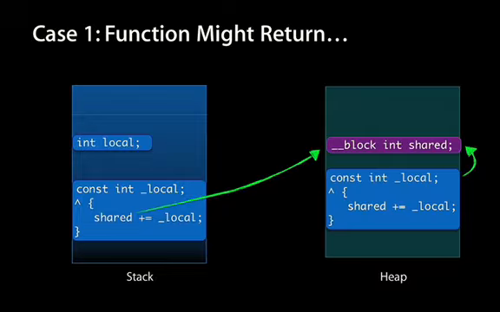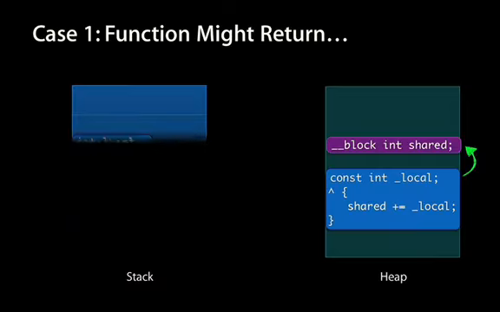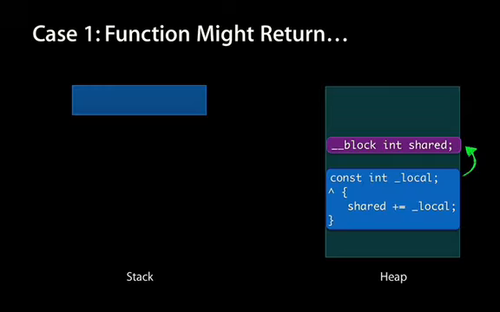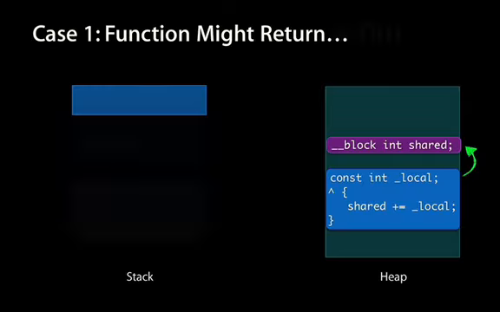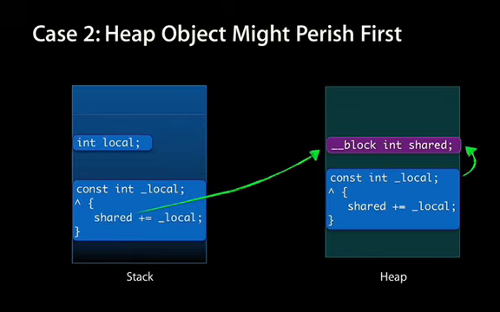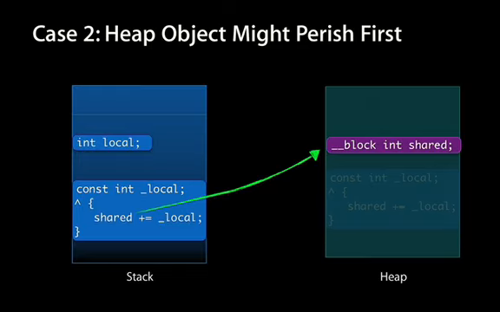When the function returns, we let go of our reference to that shared variable, and we return, letting the heap version of that block keep the under block thing alive. In case 2, it can happen that the heap object perishes first, in which case it lets go of its reference to the under shared variable, and the heap object goes away, but the stack is still in good shape because it has a real hard reference to that shared variable.